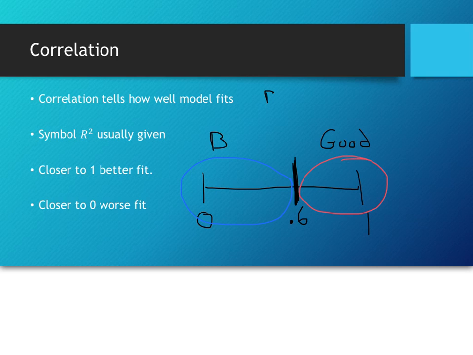And our model's a bad fit if it's 0.6 and below. It'll never be 0.6 exactly, so you don't have to worry about that, but that's our cutoff point. Now, other books may give you different cutoff values. There may be other instructors who say you have to do a 0.8 or a 0.7, but we'll stick with 0.6 for right now.